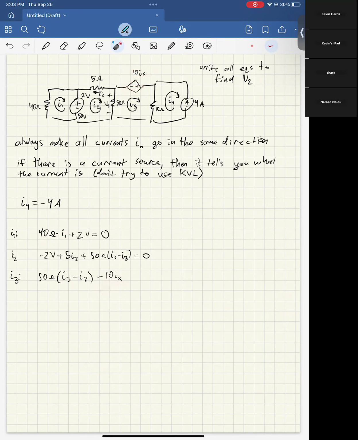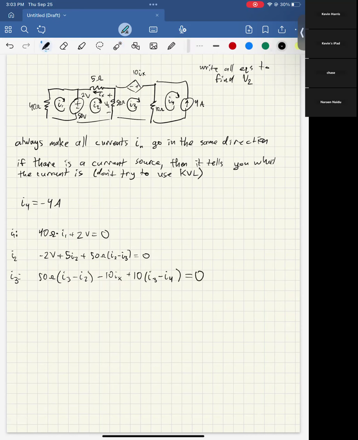You can think of this 10 as having units of volts per amps, and then when you multiply that by your current, the amps will cancel and you'll be left with some voltage. And then we have that 10 ohm resistor on the right, so it's going to be plus 10 times I3 minus I4. If you wanted to, you could just fill this in with 4 amps and it'd be fine, but for the purpose of the equation, I'll leave it in variable form.